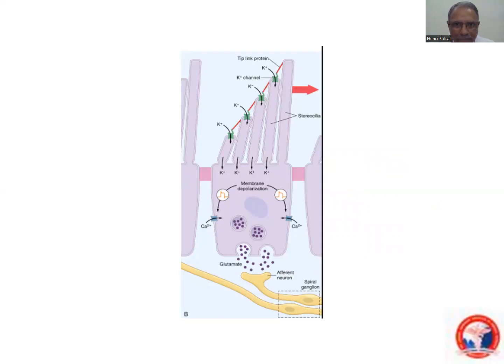What happens is that when this movement takes place due to displacement of the basilar membrane, and the basilar membrane gets displaced because of the conduction of the compression and rarefaction of the perilymph and endolymph, thanks to the same thing happening in the air outside the ear and in the outer ear.